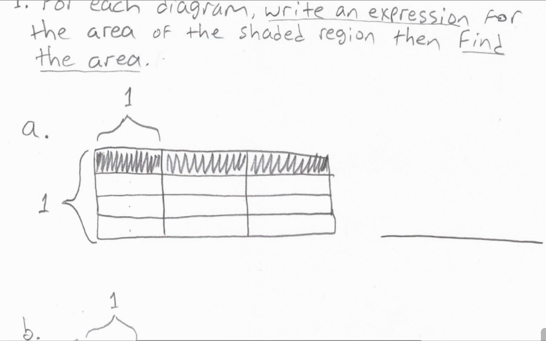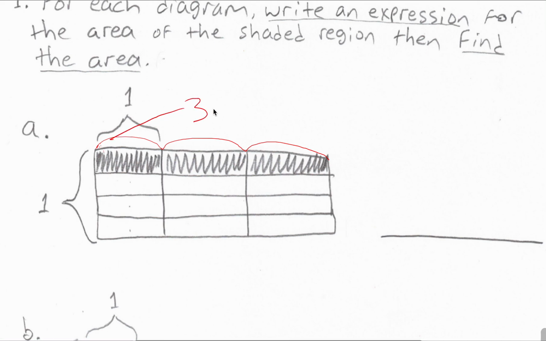Okay, so over here, the first step when we see a diagram like this is to identify the shaded area. Let's label the side lengths. It says that from here to here is one whole. So I have one whole, 1, 2, 3. That means over here I have 3 wholes in total.